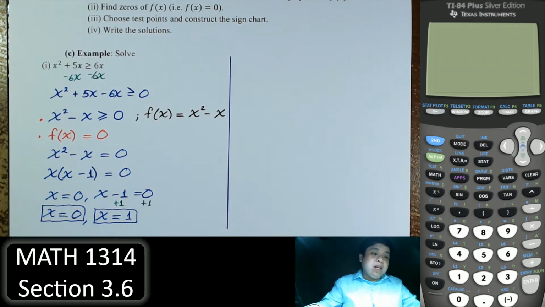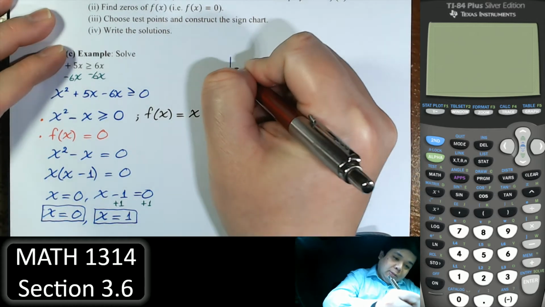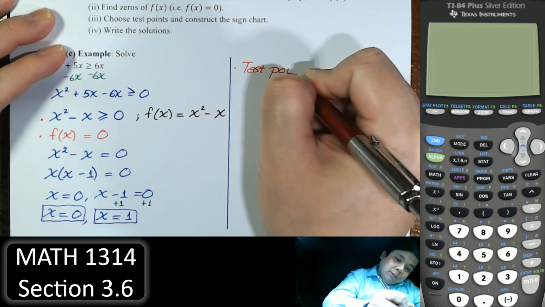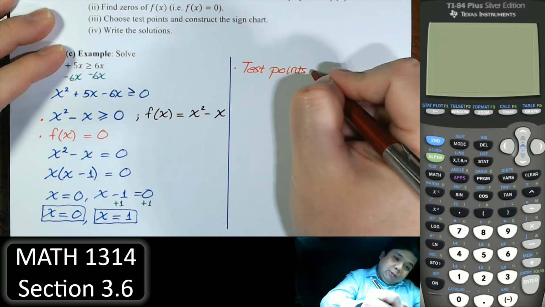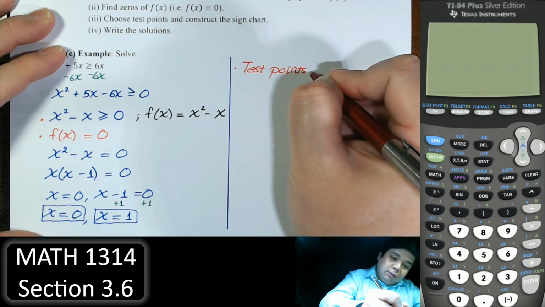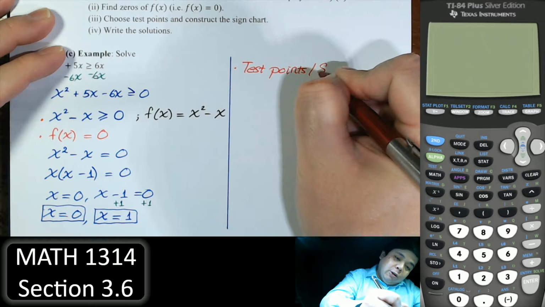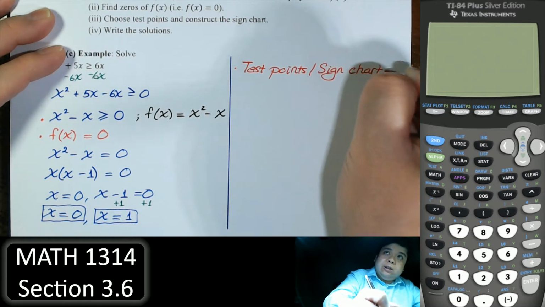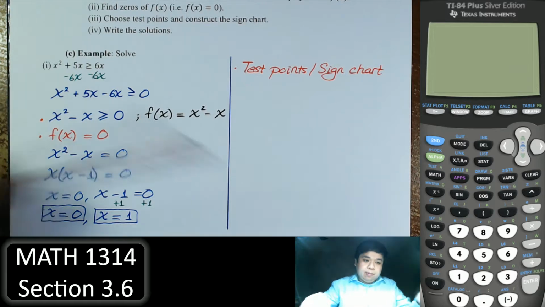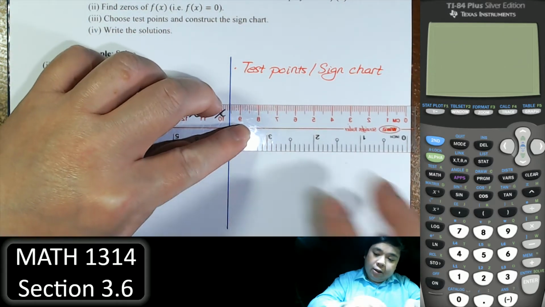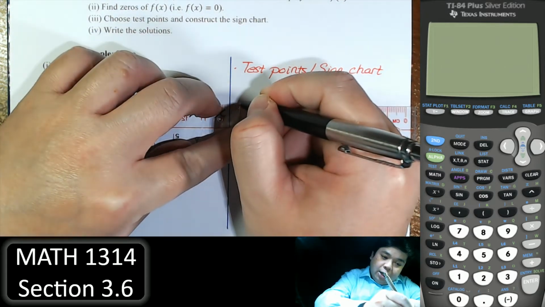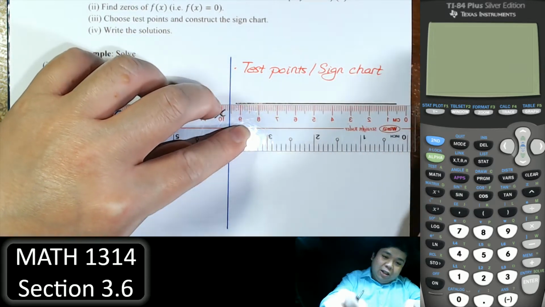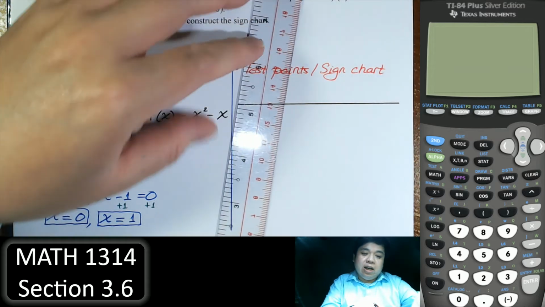Next we have the test point and the sign chart. So first I wrote the line, just write the number line, but not quite, just make it more like a table.